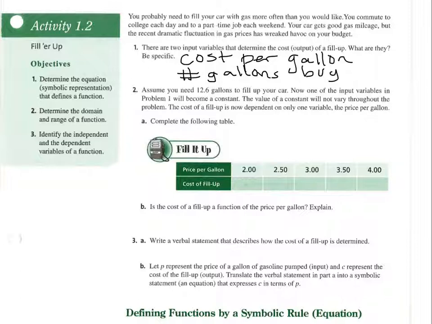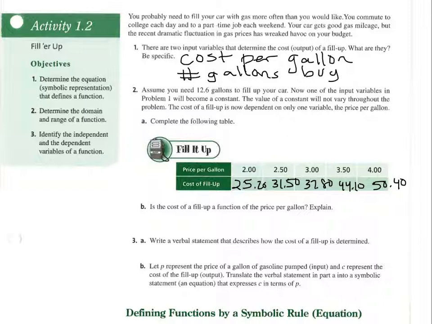If it's $2 per gallon and we buy 12.6, we come up with 25.20. I can't really fit that in the little box, but I'm going to keep going. The next would be 31.50, then 37.80, 44.10, and 50.40.